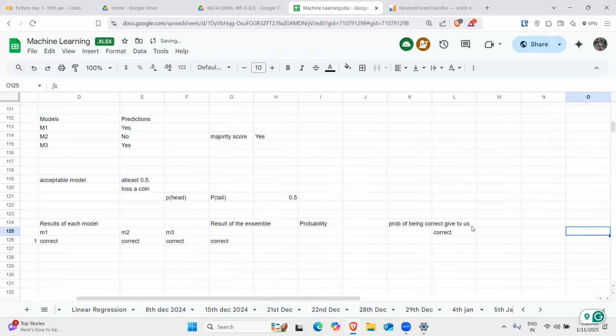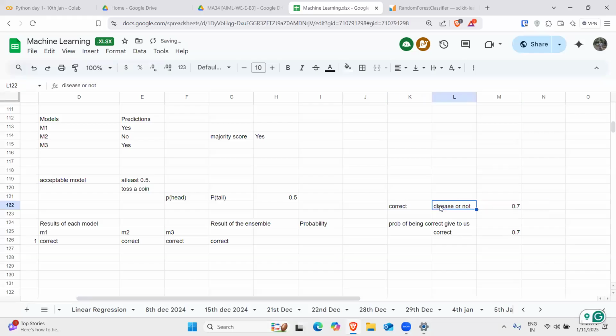Just consider a hypothetical scenario, that you are building a model and it is already given that the probability of being correct, that your model is correctly predicting whether a person has disease or not, is 0.7.